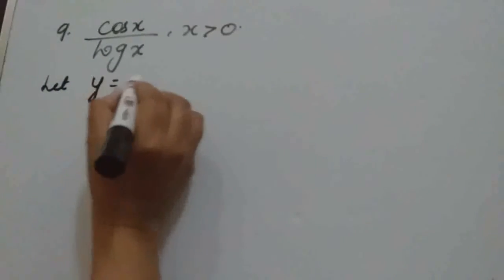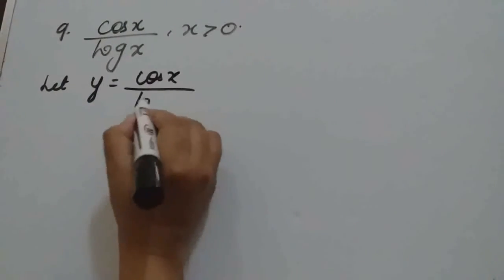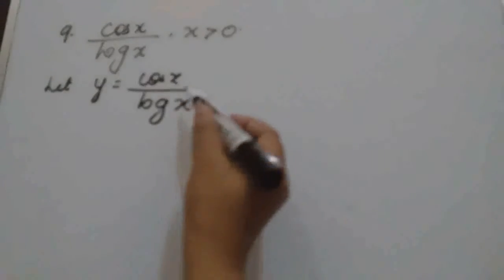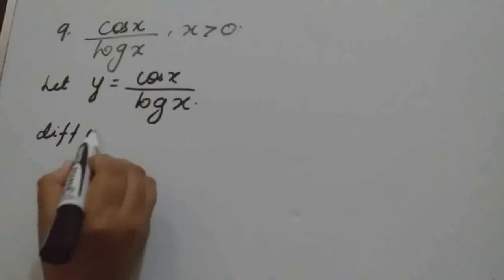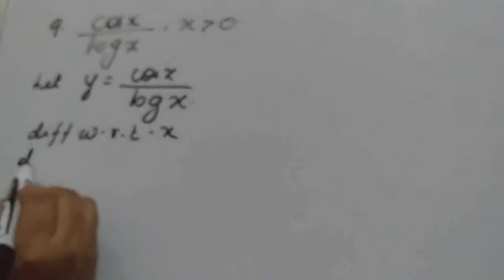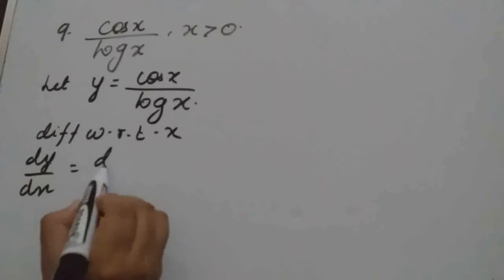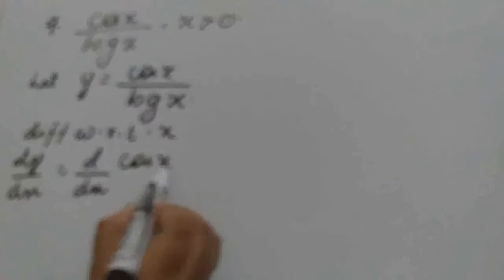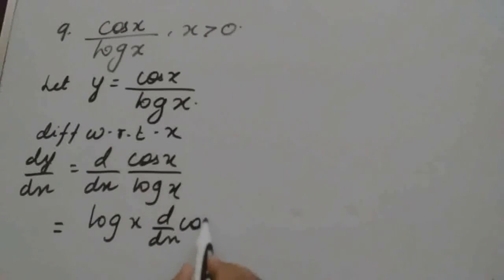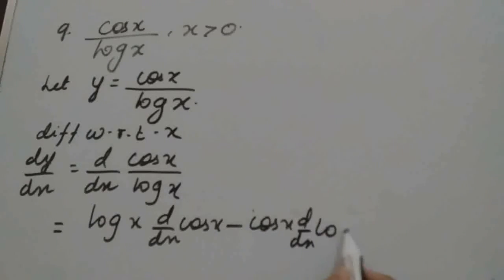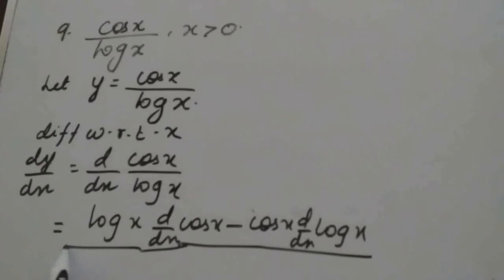Let y = cos x / log x. Again, if you see, it is a rational function, so we should use the quotient rule. So dy/dx will be d/dx of cos x / log x. So what is the quotient rule? Denominator same, derivative of numerator, minus numerator same, derivative of denominator, divided by denominator square.